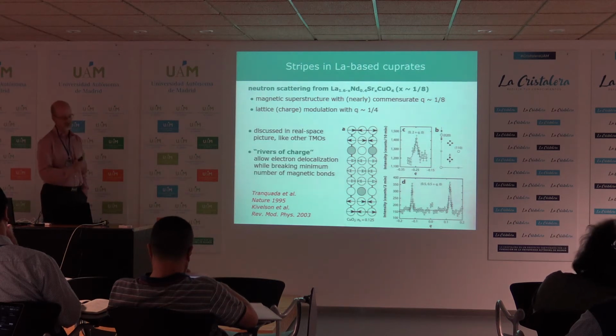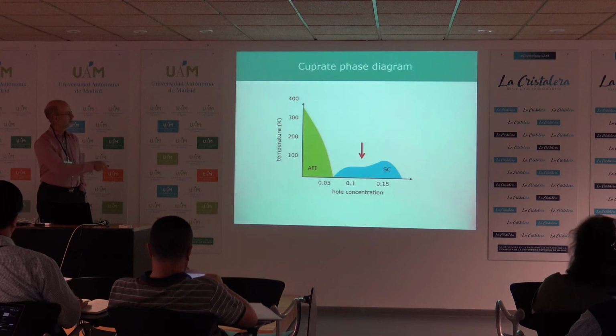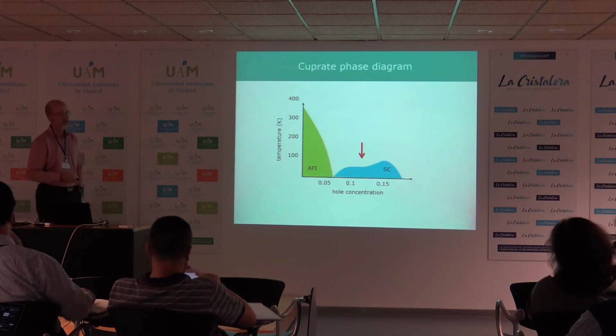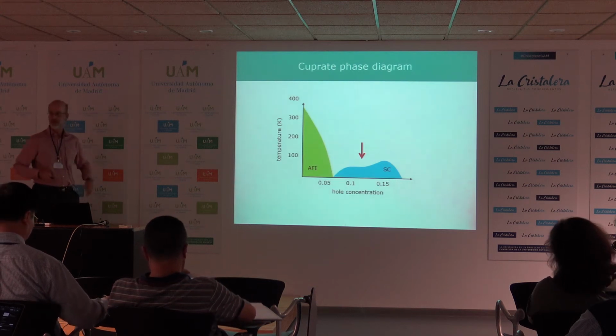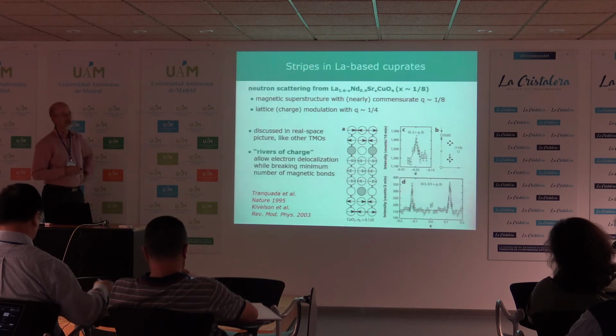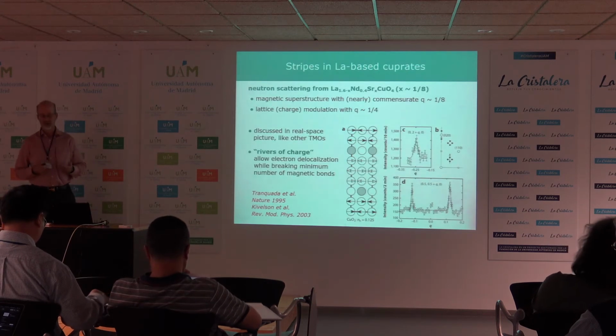Right, so you have a small density of holes that you want to add to this antiferromagnet. Right, and these holes, of course, when they delocalize, they will break antiferromagnetic bonds. That would cost some energy, right?